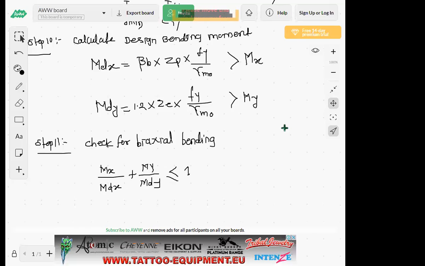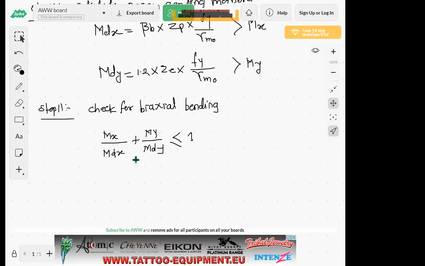This check should be satisfied, then our selected section is safe for use as a purlin. The addition of these two ratios should be less than 1.